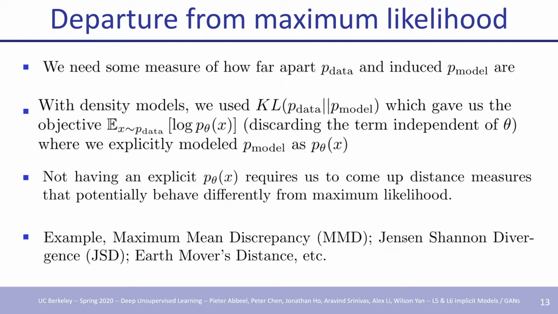I think we will cover the Jensen-Shannon divergence one in this first hour. The others are later on. But this is one type of GAN. If you use different loss functions, you have different flavors of GANs.